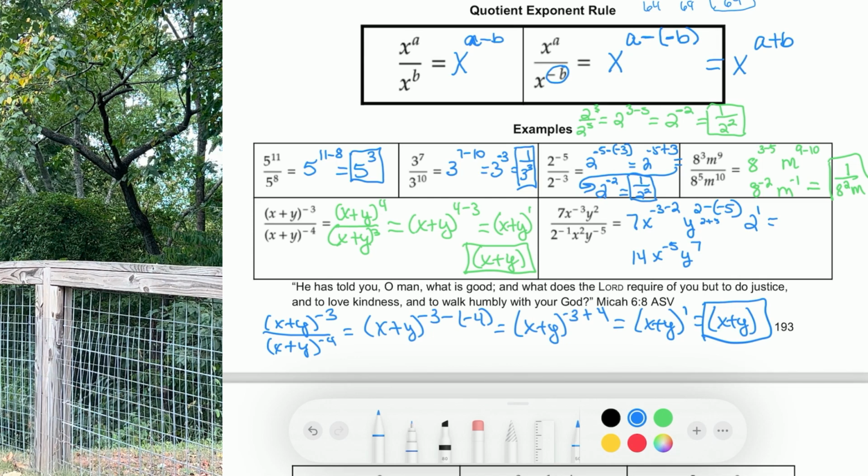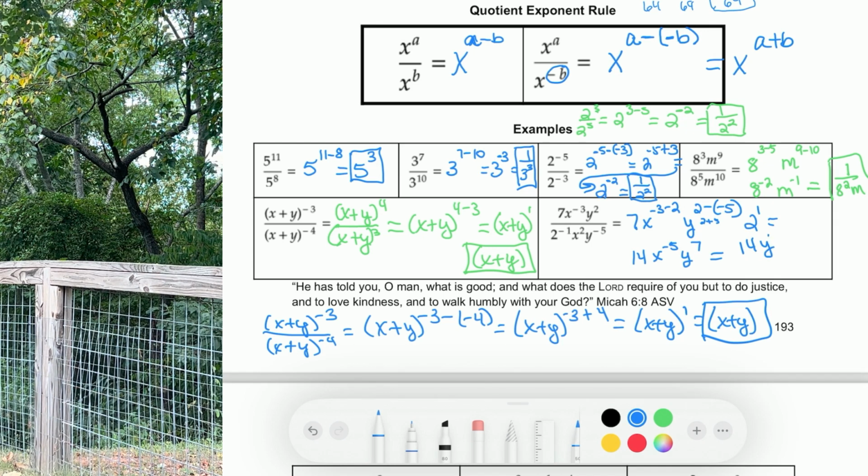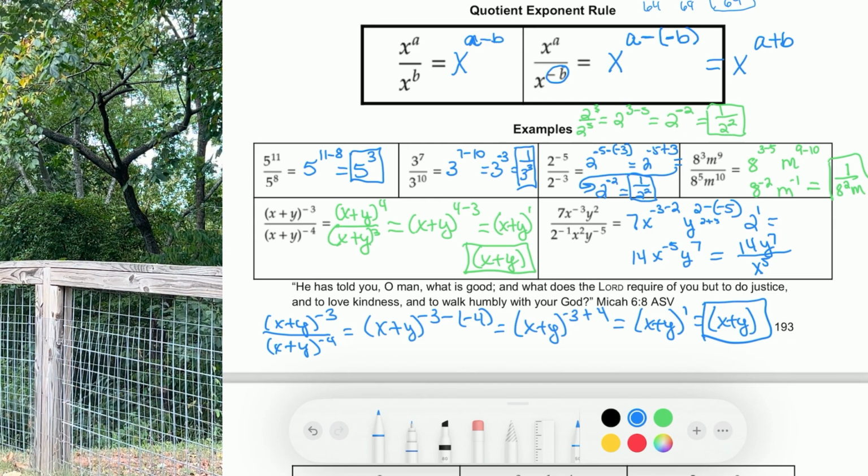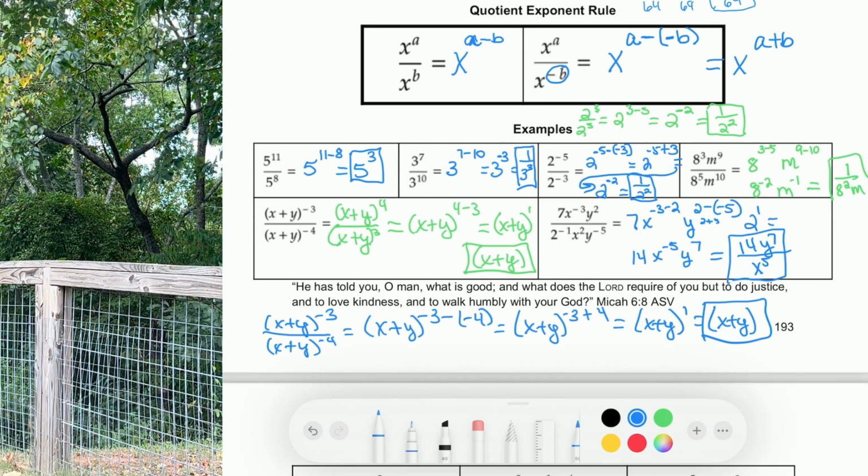So I get a positive 7 here, and I've already dealt with my 2. Now I have that x to that negative power, so I need to move it. The 14 stays in the numerator, and the y stays in the numerator because they're both positive. But that x is going to move to the bottom so that its exponent can become positive. And that is our answer.